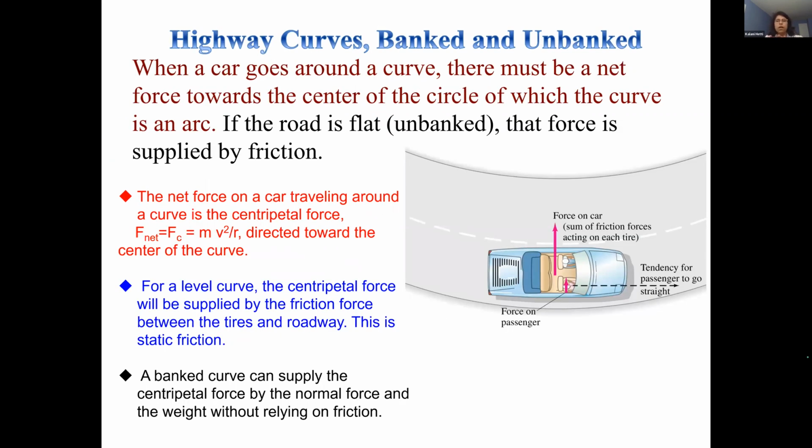There are many examples of centripetal force, but I just need to mention highway banked roads and unbanked roads. When you take the ramp, you will see a banked road or an unbanked road. Banked road means an inclined ramp, and unbanked means a flat ramp.